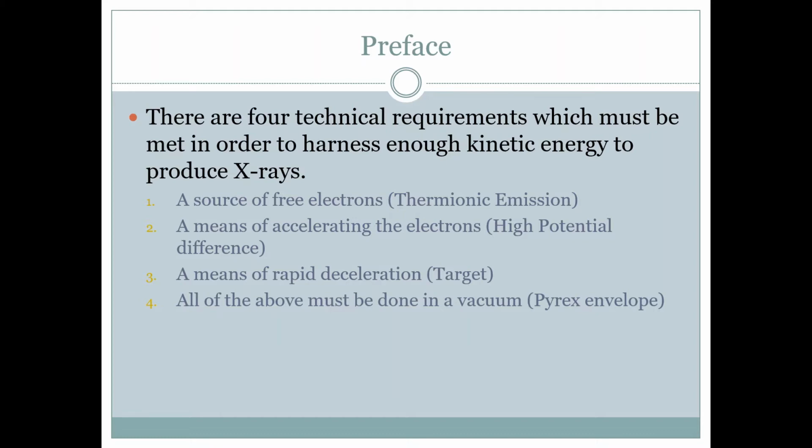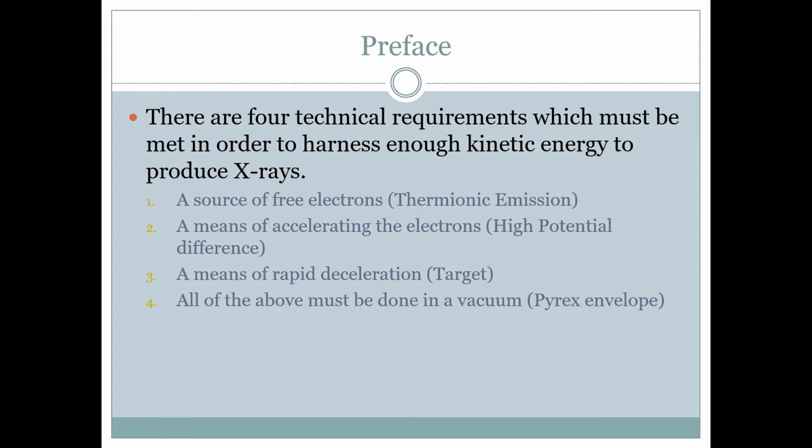The last requirement, number 4, is often overlooked in the textbooks, sort of given as an implied thing, but all of this must be done in a vacuum. That's often forgotten by X-ray tech students. We can do all of these things, but if our X-ray tube was not sealed from the atmosphere in the room, the electrons would just end up bumping into all the other air molecules, nitrogen molecules and oxygen molecules in the room, and it would prevent us from making X-rays.